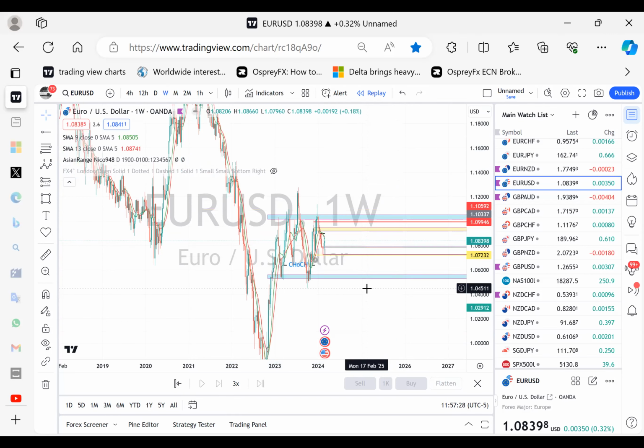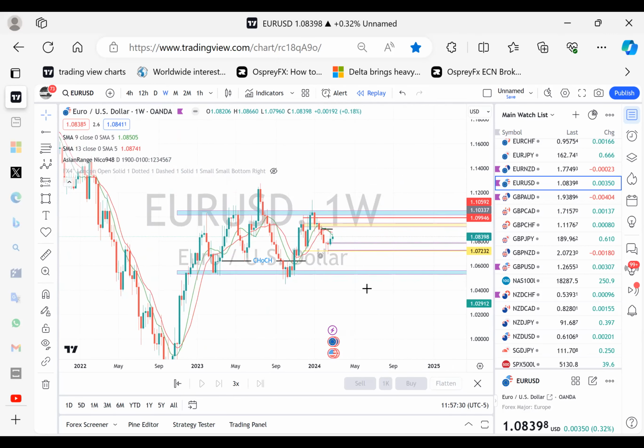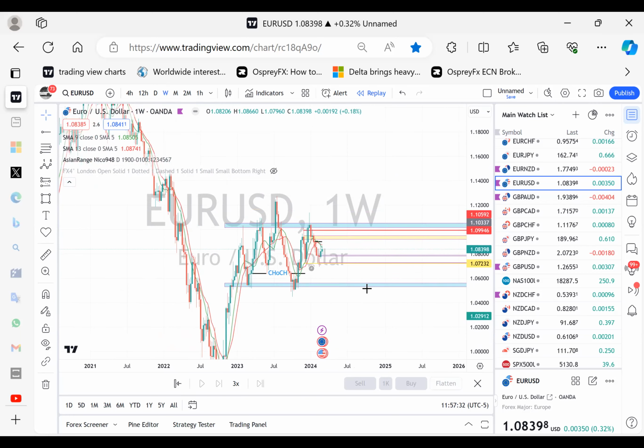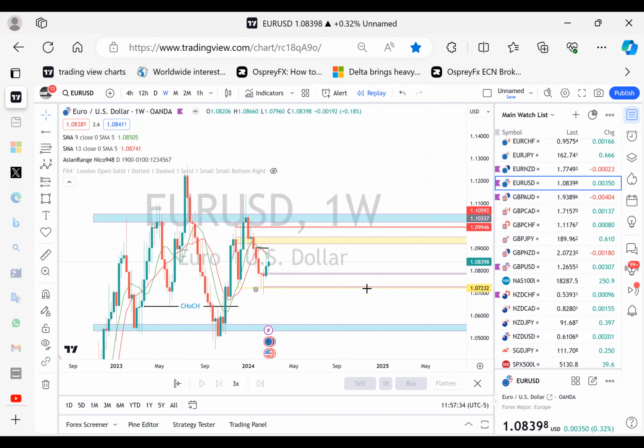But I think this kind of feeds into what I believe anyway. I believe that this week is going to be bad for the dollar. I believe we're going to get this move up. Then I believe we'll turn and burn.